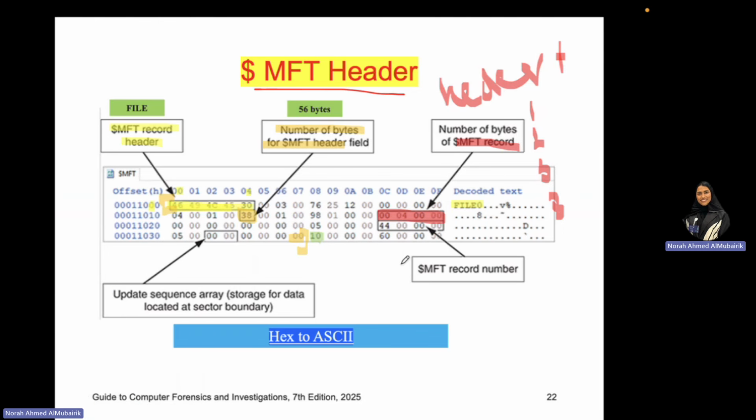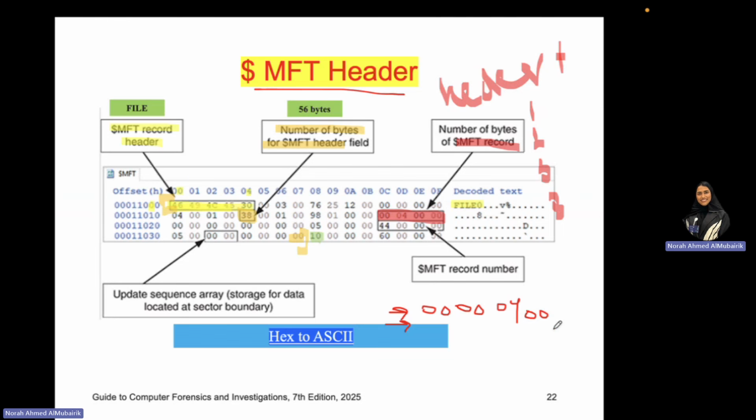So it will be from 00040000 to 00 00 04 00. So I have converted this from big endian into little endian, and then I have to change it from little endian into decimal.